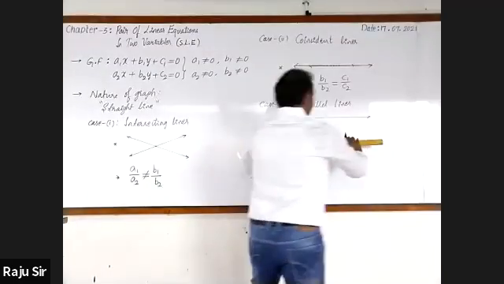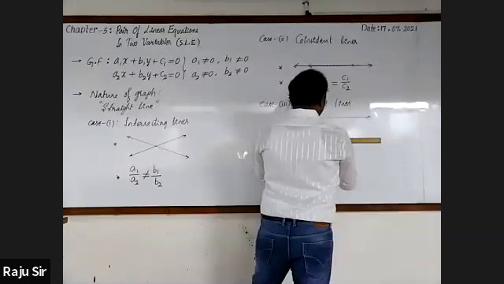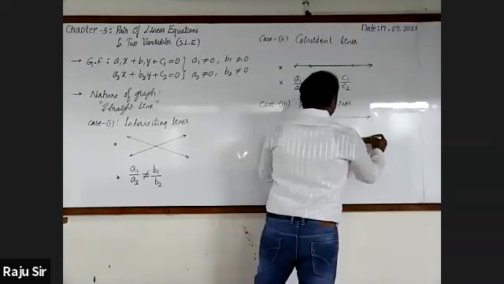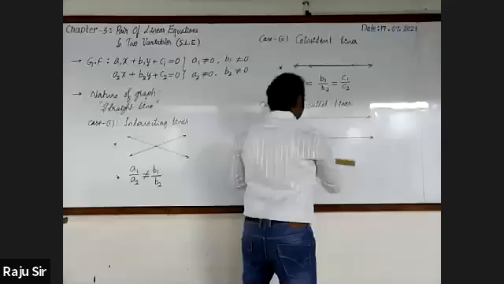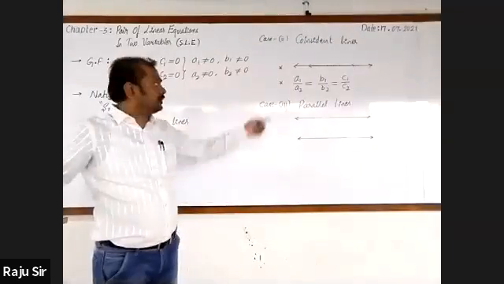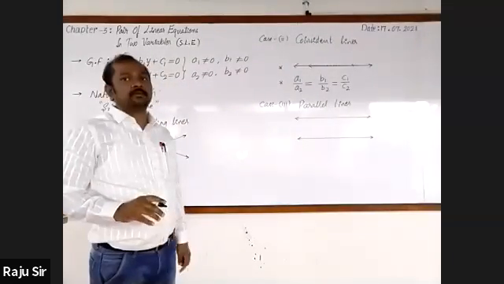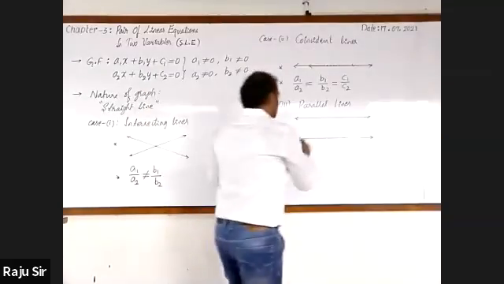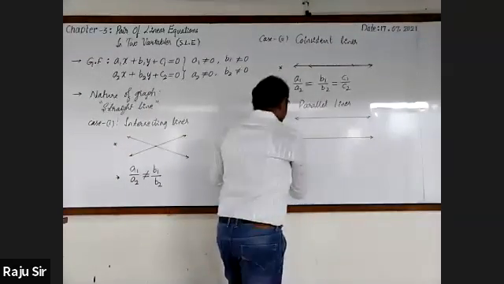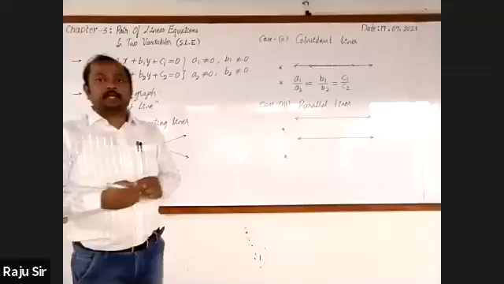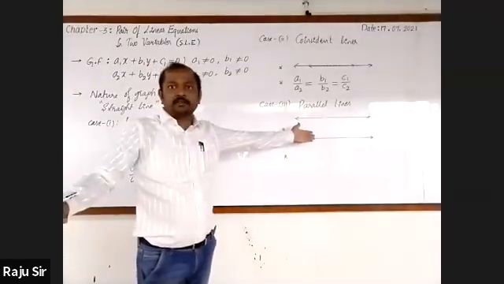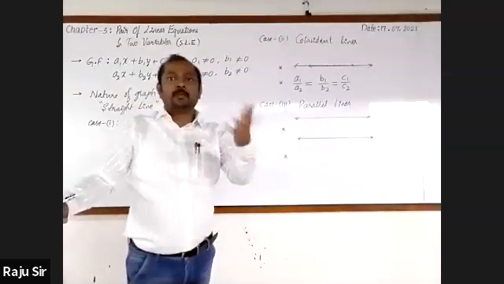Similarly, draw another straight line which represents the second equation, but it should be parallel to the first line. Then could you tell at how many points they intersect? No point.